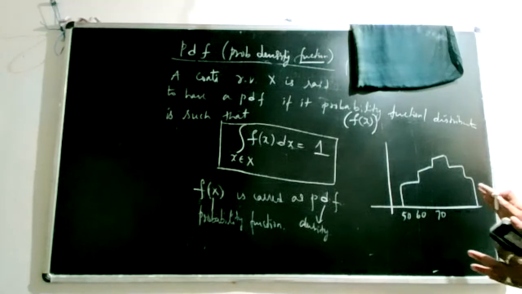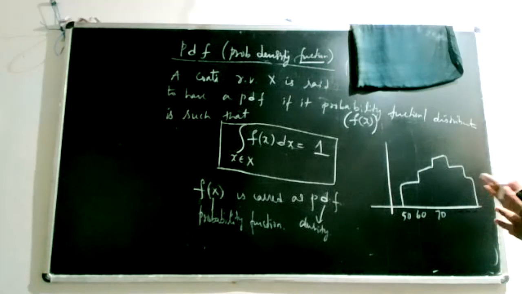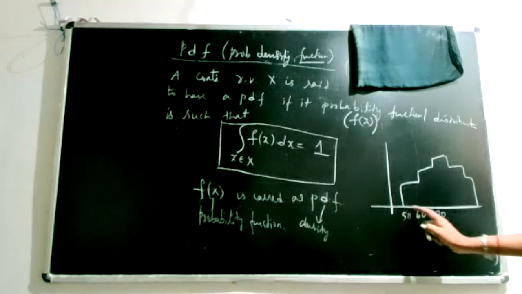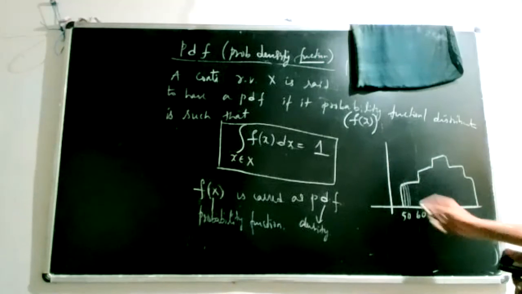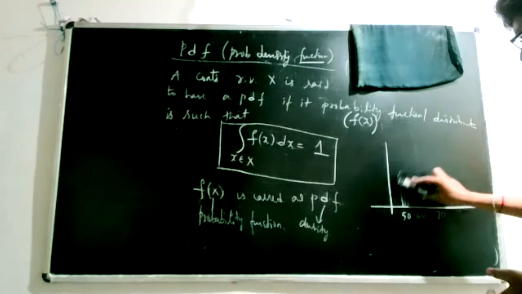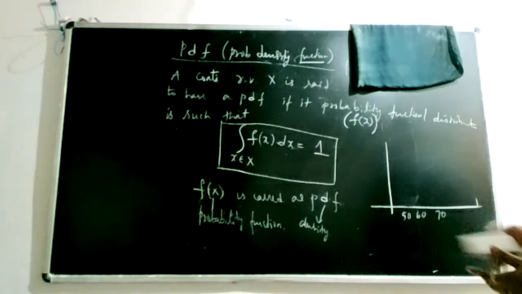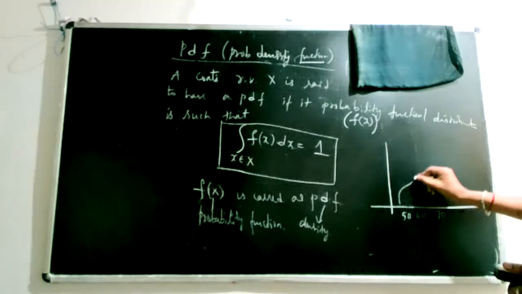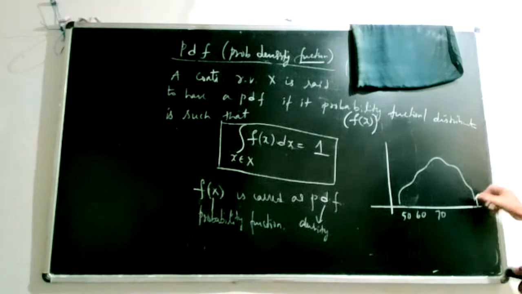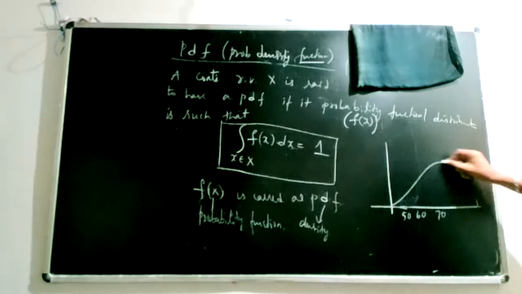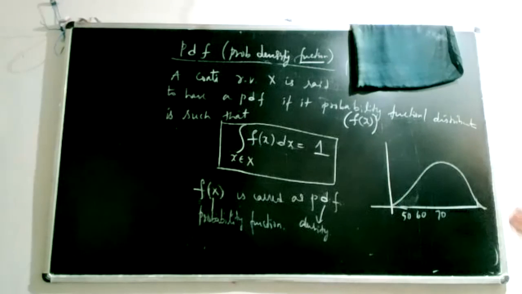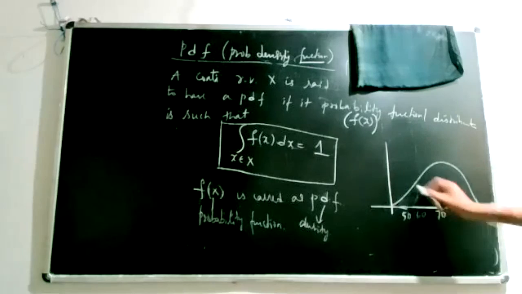If you keep on reducing the size of the interval, you will get smaller rectangles, which makes the shape smoother and smoother like this, and you could end up getting a still finer function like this.